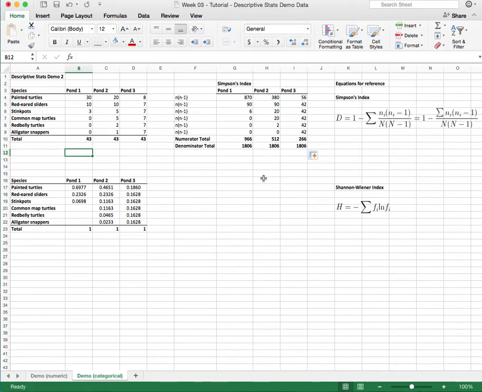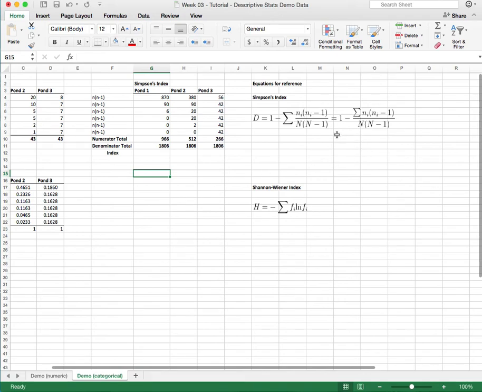This was on purpose. This is not typically what you would find in nature, but this is what we find because I made up these data so that we could clearly see some differences between these three ponds when we calculate the index value. Okay, so to calculate the index value, that is simply 1 minus numerator over denominator.